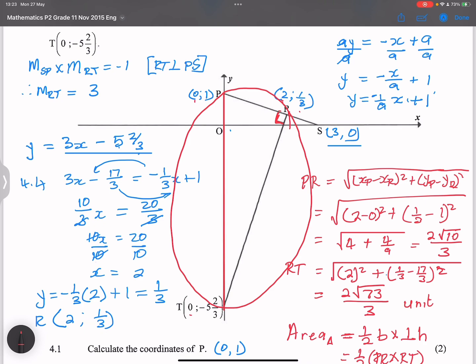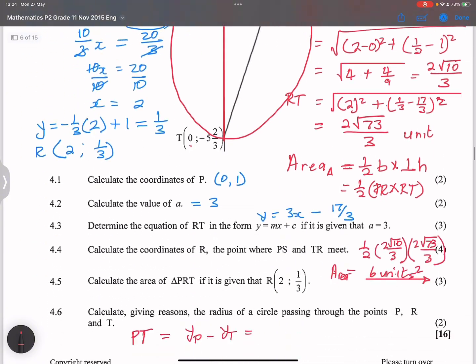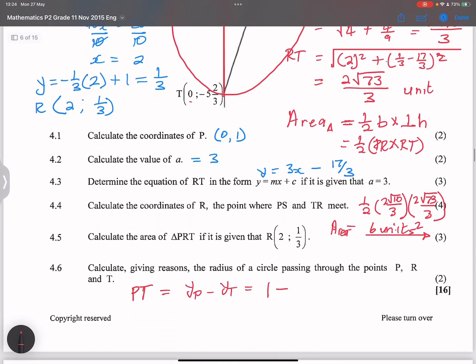We already know that the x values are 0. So PT would be the y value at P minus y value at T. So let's say P is 1 minus a negative 5 and 2 over 3.